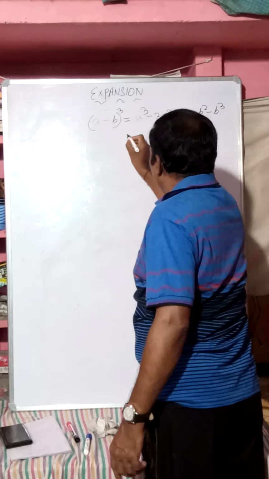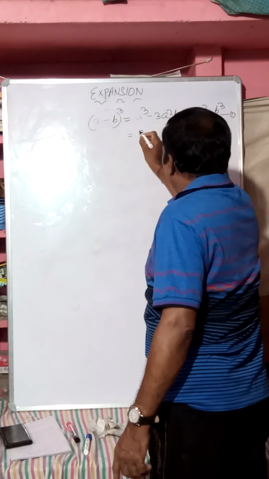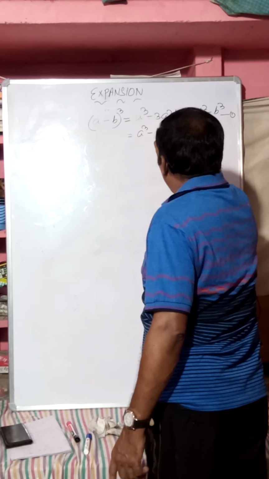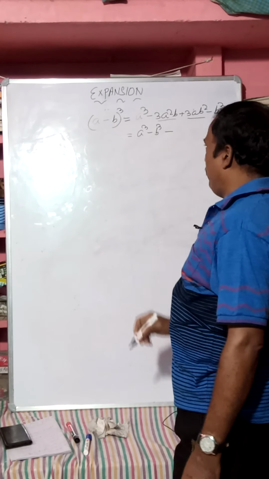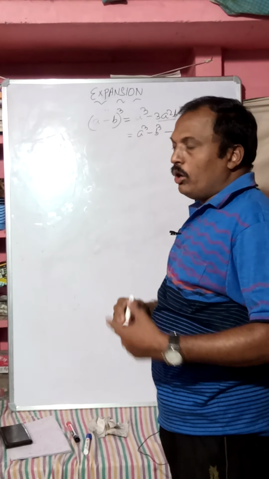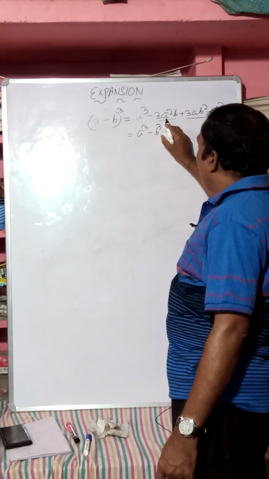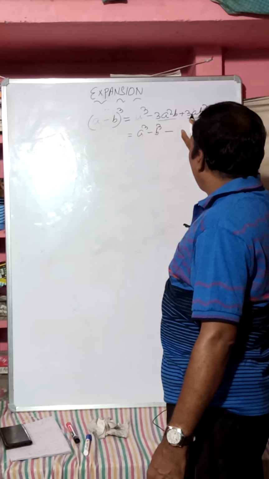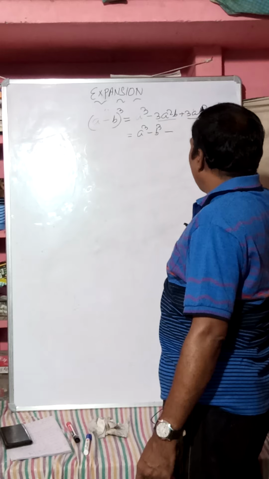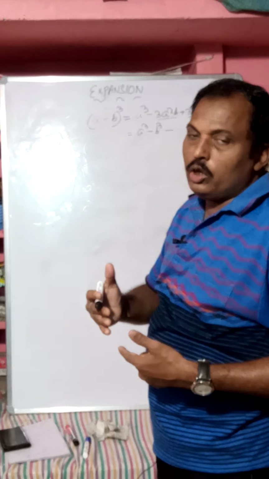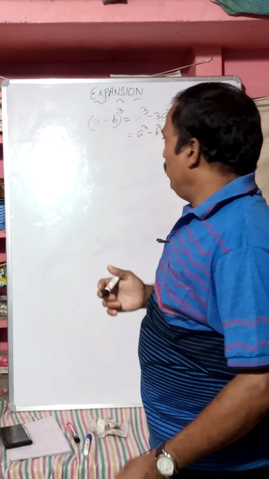Now rearrange this expression. This is formula number 1: a cube minus b cube minus 3a square b and 3ab square. What will we take as common? 3 in both terms, a square is 2 times a in one term and 1 time a in the other, and b is 1 time in this term and 2 times in this term. So the minimum, the HCF, is taken as common.